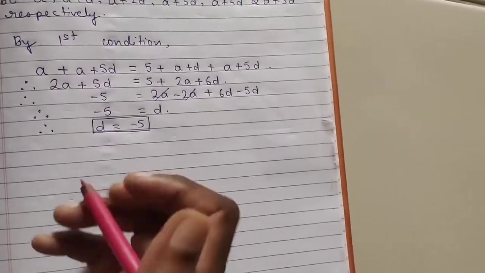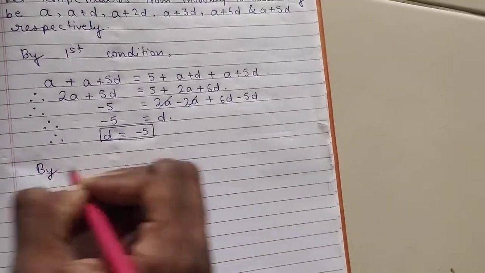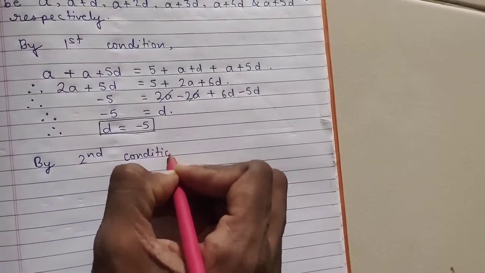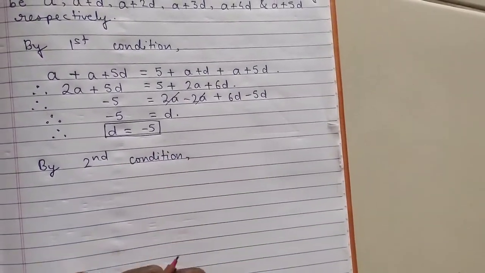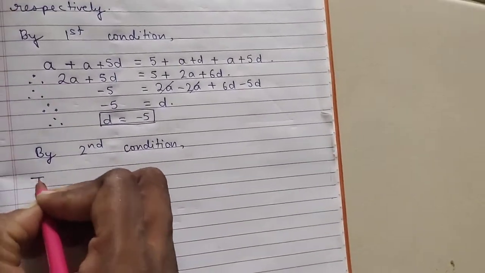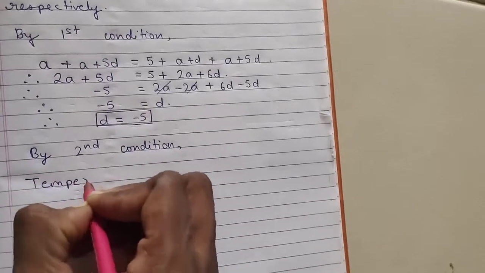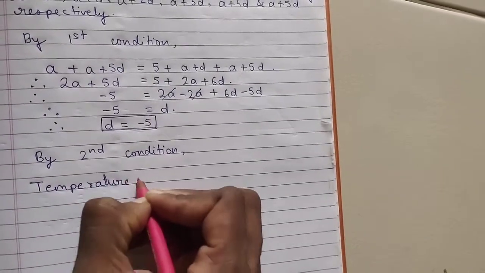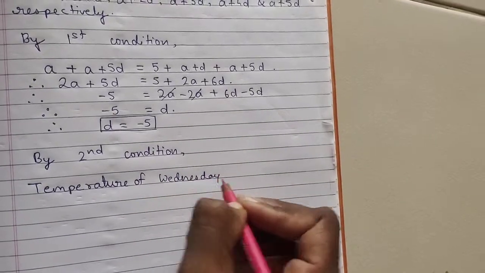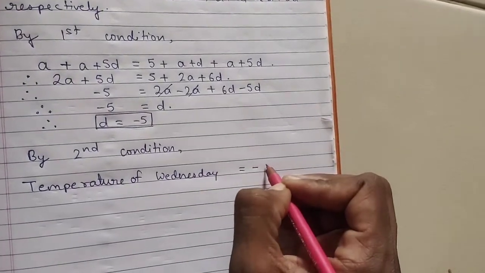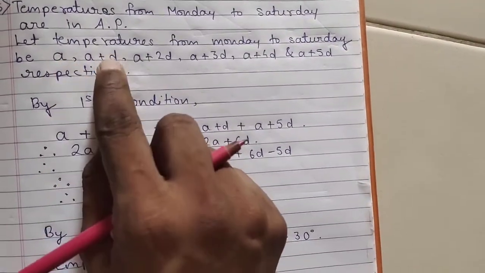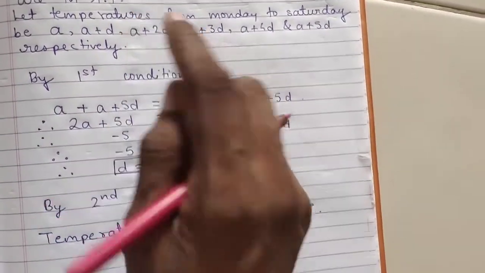So now we have the value of D. Now we will use the second condition. By second condition, what is our second condition? Temperature of Wednesday was minus 30 degree. That is given to us. Temperature of Wednesday equals minus 30 degree. And what is our Wednesday? Monday, Tuesday, Wednesday. So this is our Wednesday.